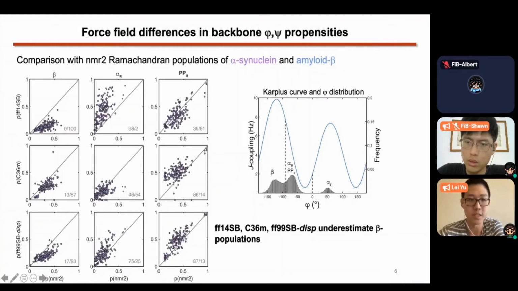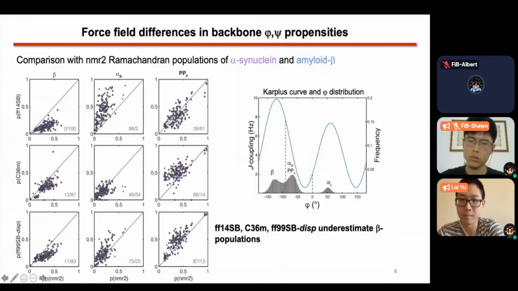And they are offset for FF14SB by an increase in alpha R population, so 98 over 2%. For CHARMM36M, that's compensated mainly by an increase in the PPII region population. For the 99SB-disp force field, they are increased in both regions, alpha R and PPII.